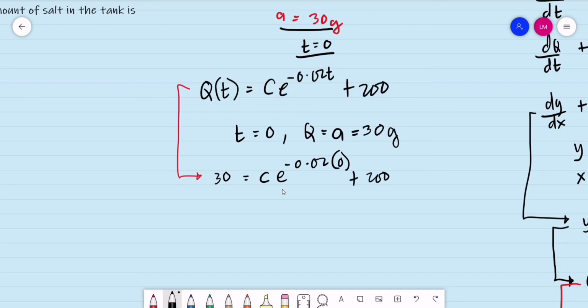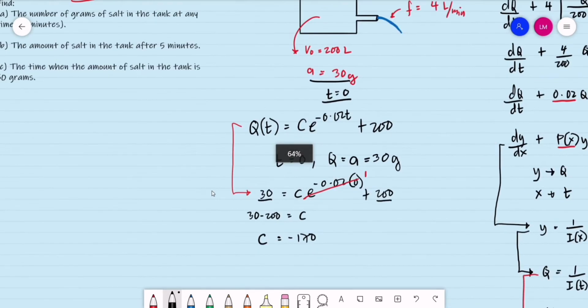So basically, 30 minus 200, that is negative 170, is equal to C, since e raised to 0 is the same as 1. So the constant C is 30 minus 200, which is negative 170.